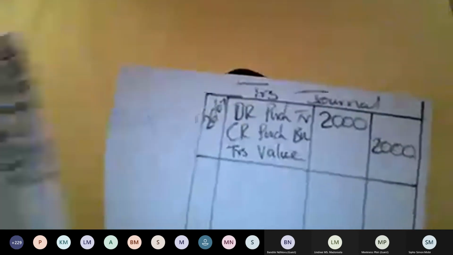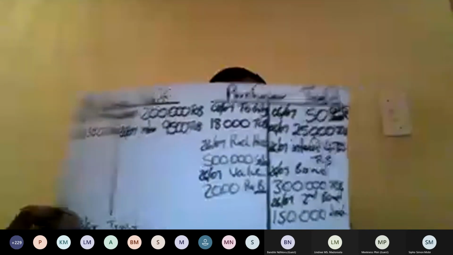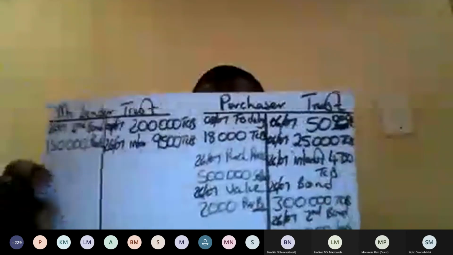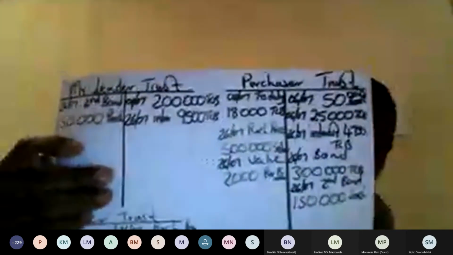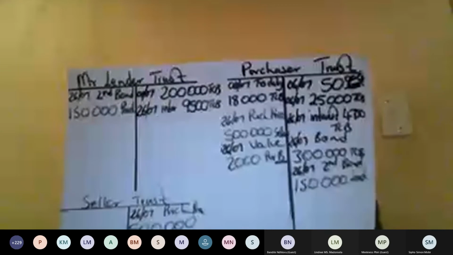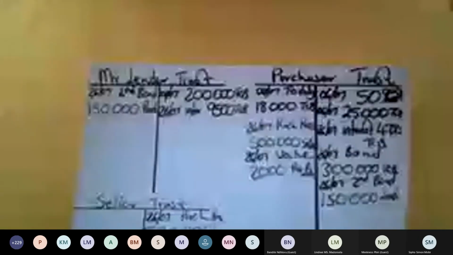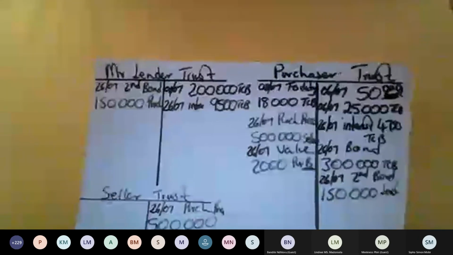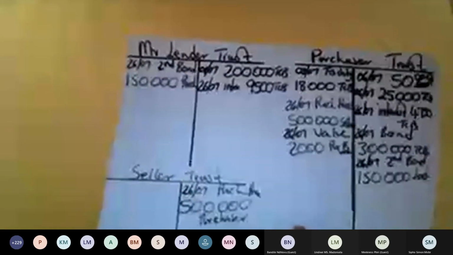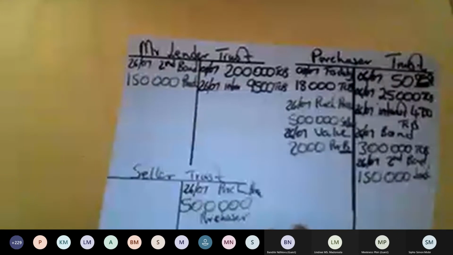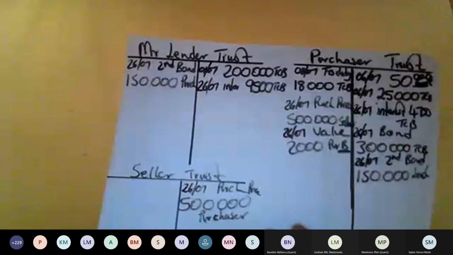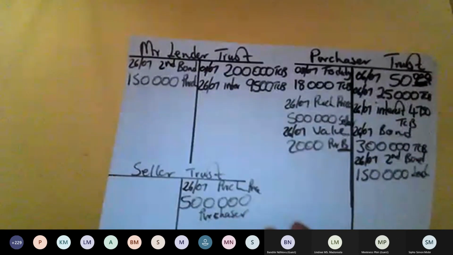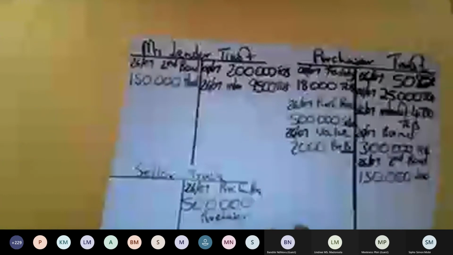Then you come here on the purchaser's trust. You debit that 2,000 rands on the purchaser's trust. And then you are going to credit the purchaser's business. Let's go to the purchaser's business on the credit side. 26 of 7, that value, 2,000 rands.